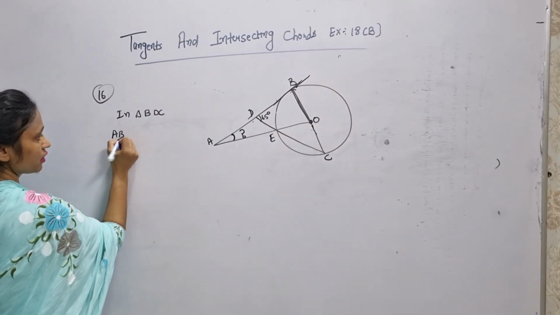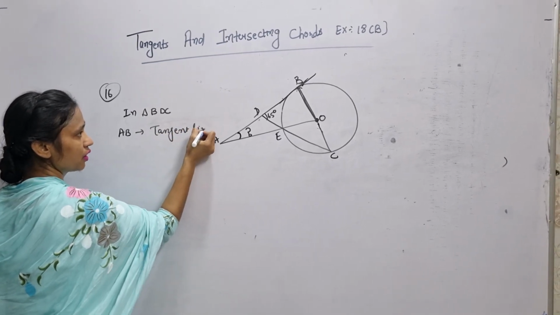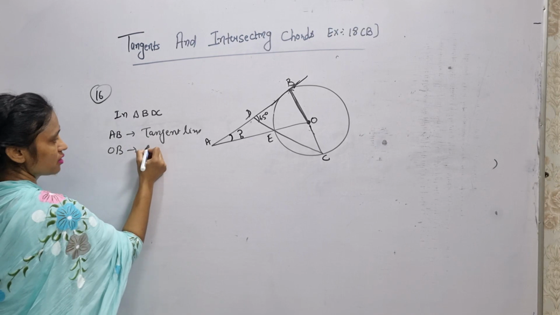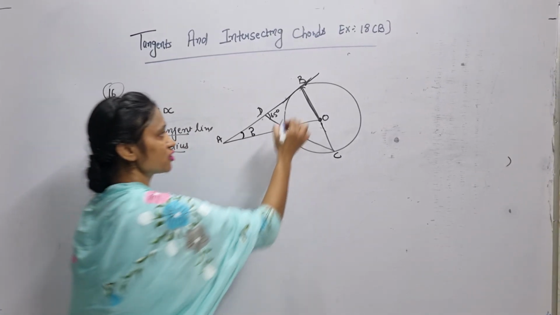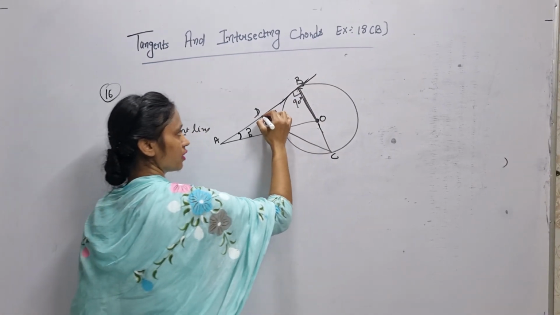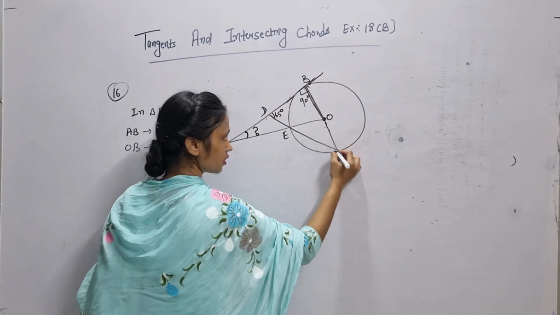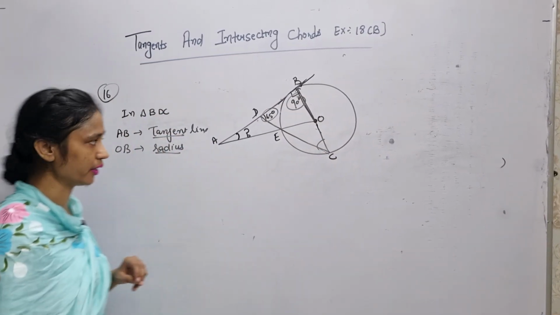AB is the tangent line and OB is the radius. We know that the angle between the radius and tangent is always 90 degrees. So in this triangle, two angles are here. We can calculate the third unknown angle.